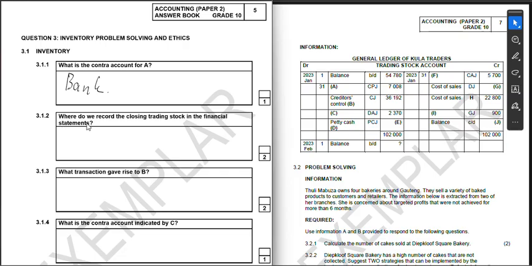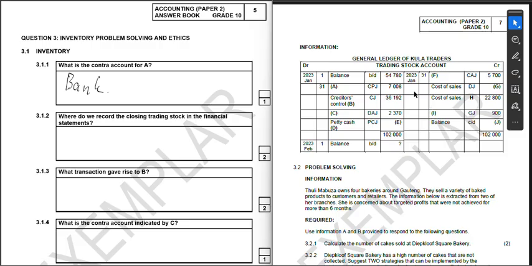It says, where do we record the closing trading stock in the financial statements? Ladies and gentlemen, it's asking us where we record the closing trading stock. Let us have a look at the question paper.